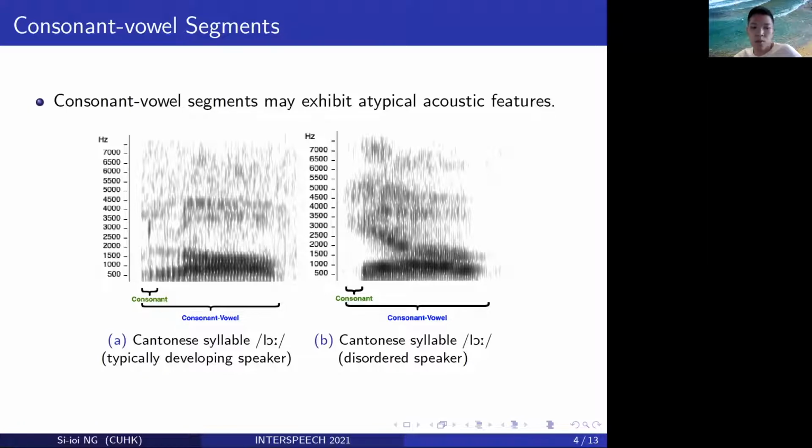In other words, the co-articulated vowel segments may exhibit atypical acoustic features as the disorder occurs. This observation motivates us to incorporate such consonant-vowel segments in the detection of disordered speech.